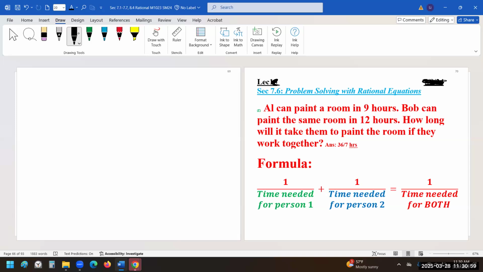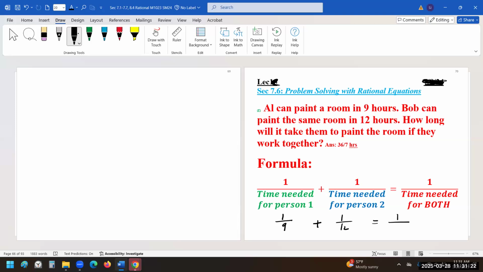Okay? So in our case, we have only 2 people, Bob and Al. Bob takes 12 hours, Al takes 9 hours. So it's 1 over 9 plus 1 over 12. And we are looking for how long it will take if they work together. We have no idea how long that will take.